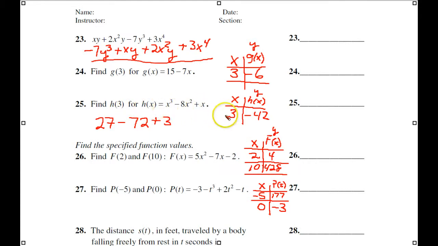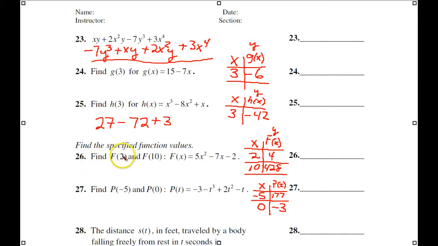So here x is a 3. 3 to the 3rd power is 27. A negative 8 times 3 squared, which is 9, is a negative 72. Plus 3 is a negative 24.